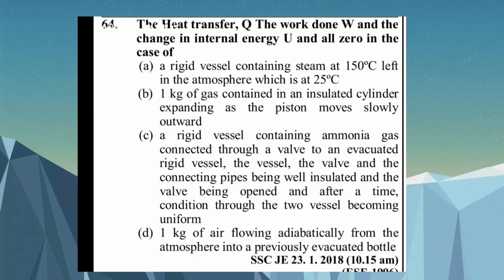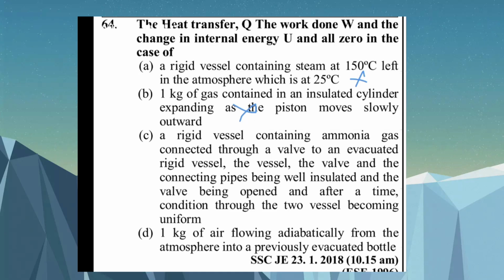Question number 64. The heat transfer Q, the work done W, and the change in internal energy U, and all zero is the case of: a rigid vessel containing steam at 150 degree left to the atmosphere. No, temperature change हो रहा है. B: 1 kg of the gas is contained in an insulated cylinder expanding as the piston moves slowly. Work done हो रहा है.